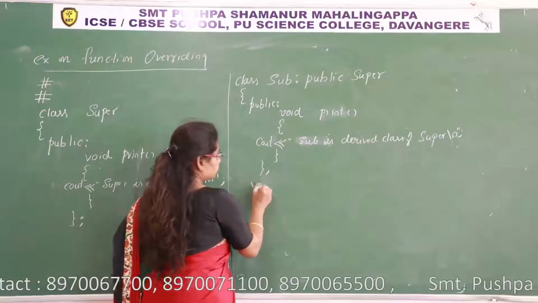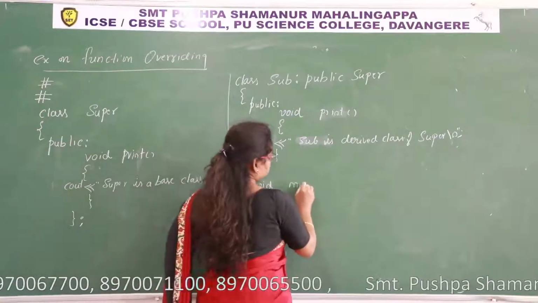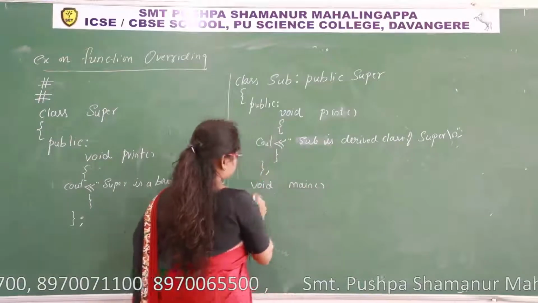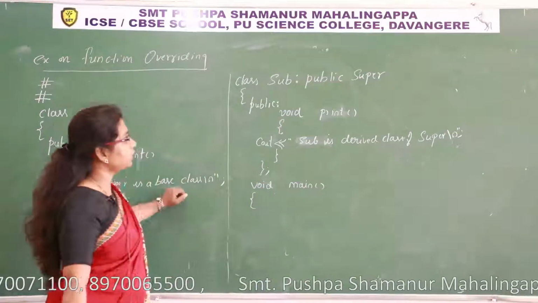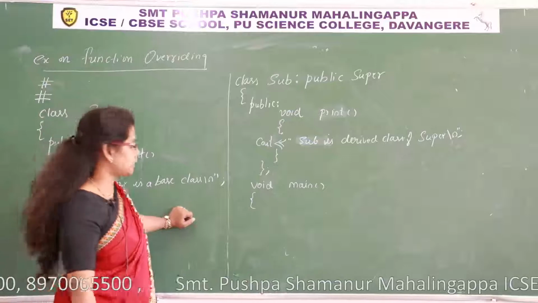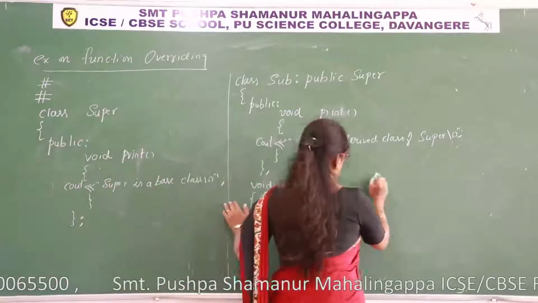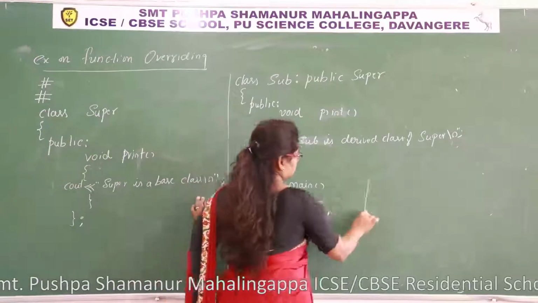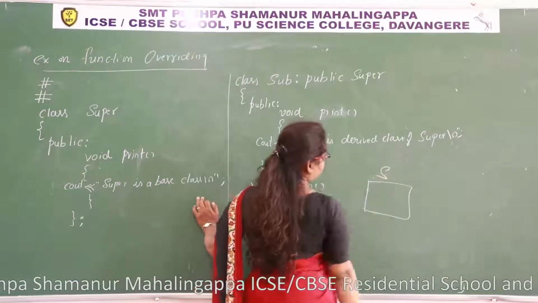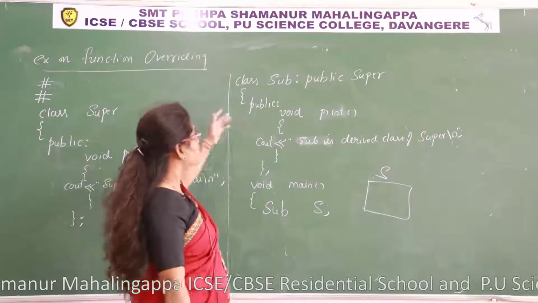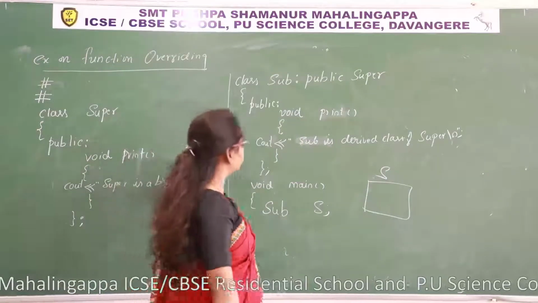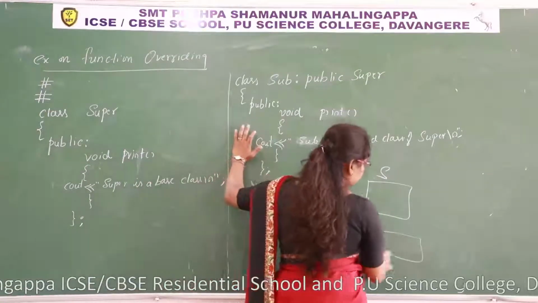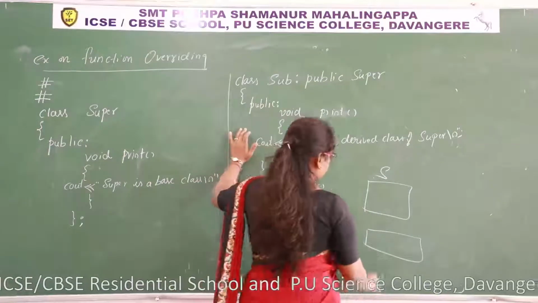Now void main. When I create an object for the derived class sub, yes, there is an object called yes. I did not take any data member here, but member functions are there. There is a separate memory allocation for member functions.